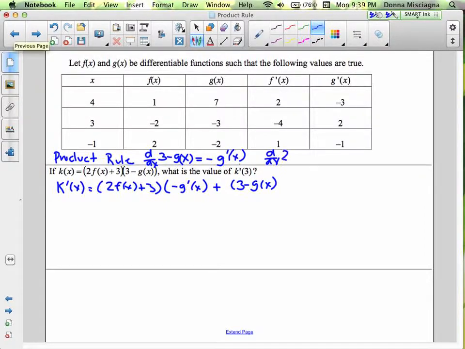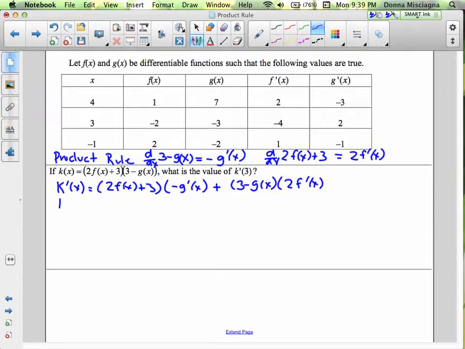The derivative of 2f of x plus 3: the derivative of 2f of x is going to be 2f prime of x, and the derivative of 3 is just 0. So these derivatives aren't that bad. So 2 times f prime of x. Now all I have to do is finish solving.